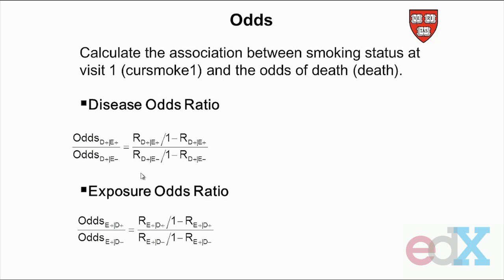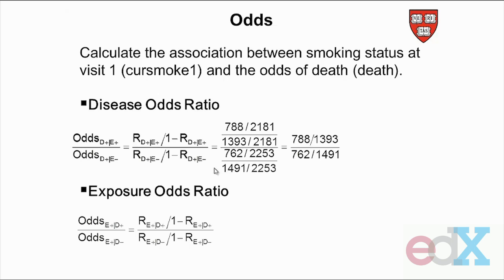So the risk of death among the non-smokers divided by 1 minus the risk of death among non-smokers. This leads to a value of 0.57 divided by 0.51, and we get a disease odds ratio of 1.11, stating that the odds of death is 1.11 times greater among smokers than non-smokers.